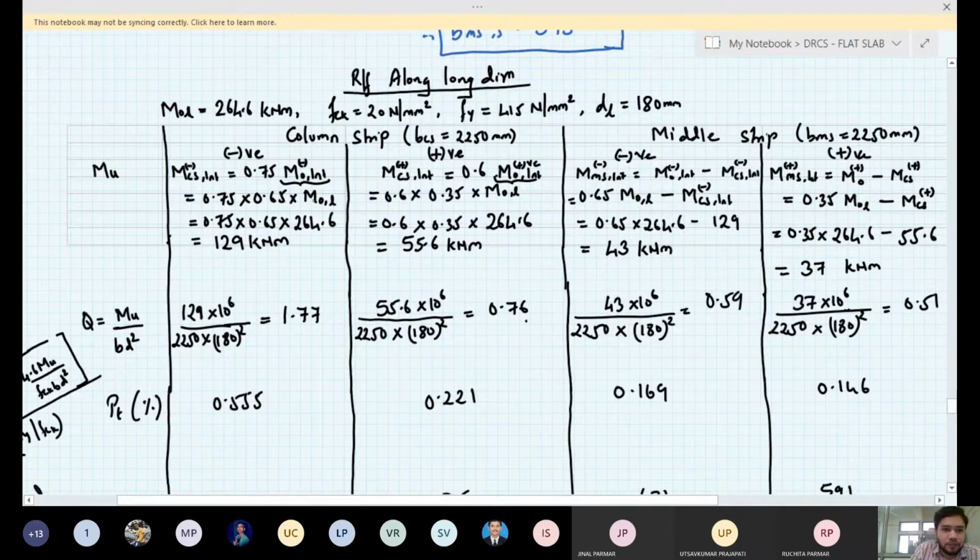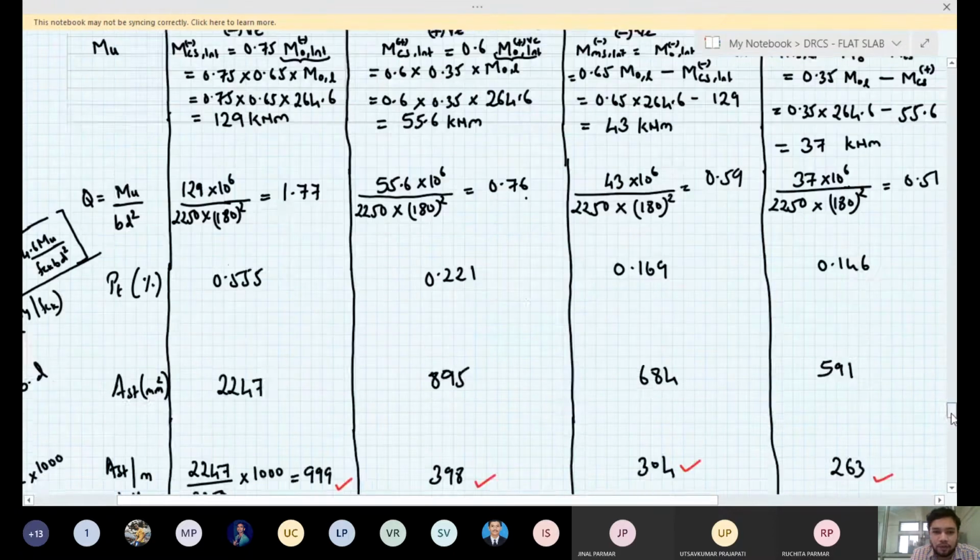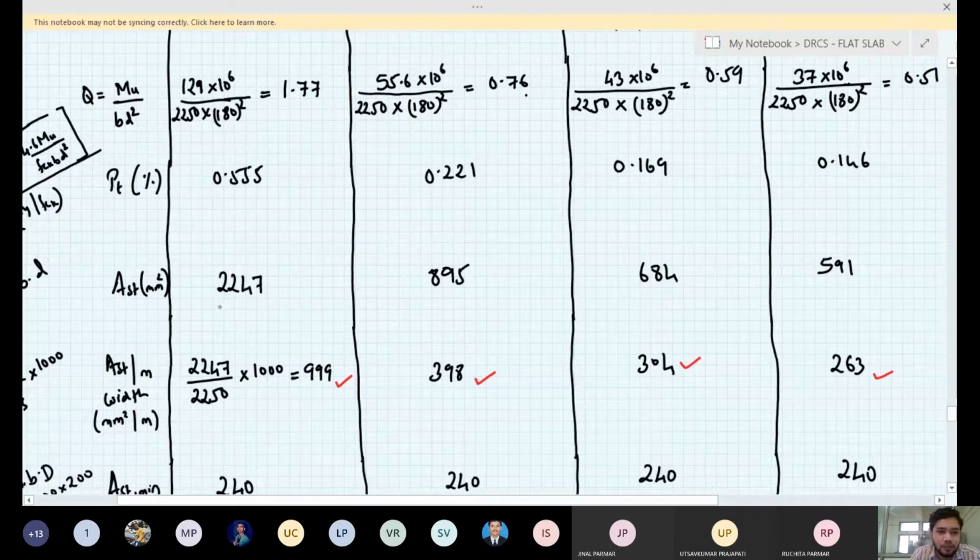As a first step, we find out the negative moment in the column strip, positive moment in the column strip, negative moment in the middle strip, positive moment in the middle strip along the long direction. And then we found out the Q factor, and from that we find out the PT, and then we find out the AST required.